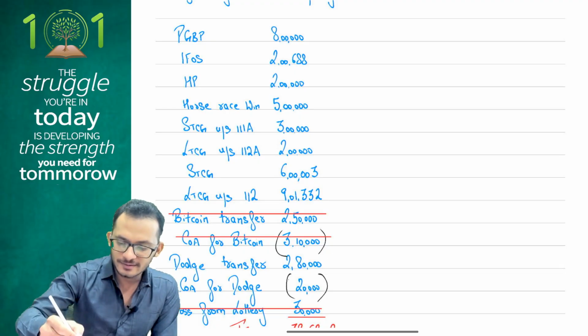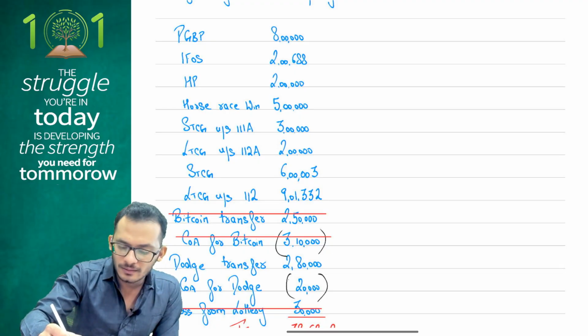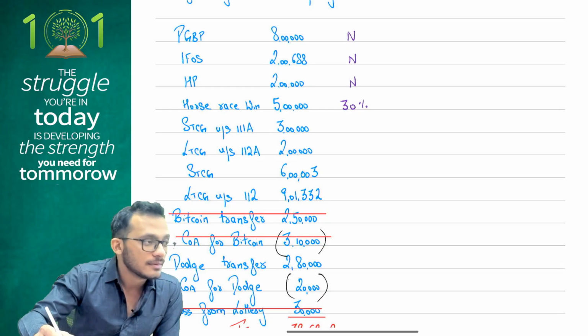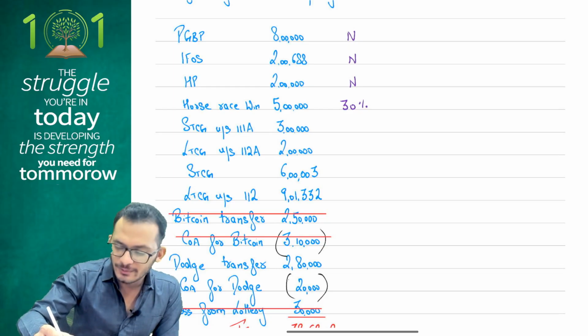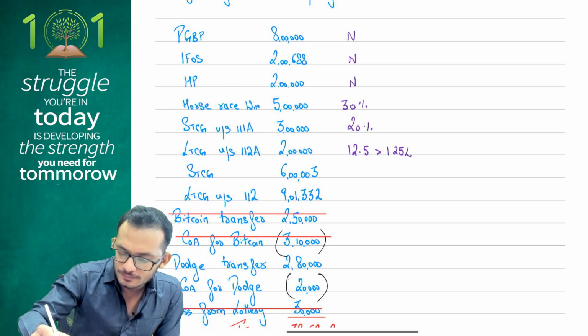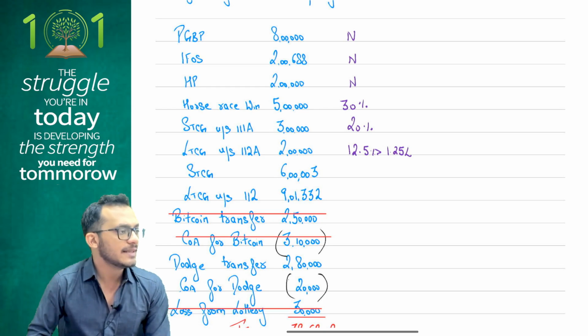PGBP is normal, IFOS is normal, HP is normal, horse race winnings 30 percent, 111A 20 percent, 112A 12.5 percent exceeding 1.25 lakh.